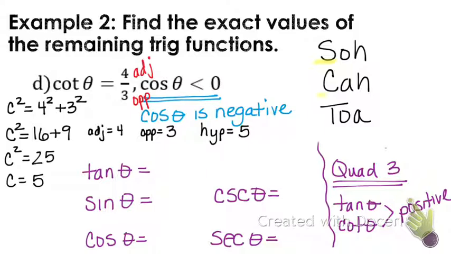The C is cosine, that's adjacent over hypotenuse. And the T is tangent, opposite over adjacent. So that's just another acronym that's popular for our trig ratios. I'm going to give you a couple of minutes to find these 5, and then I'll give you the answers.